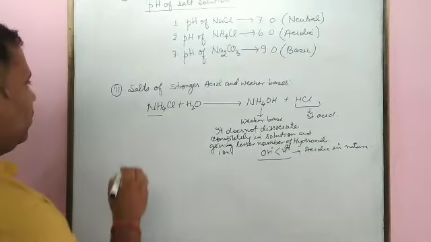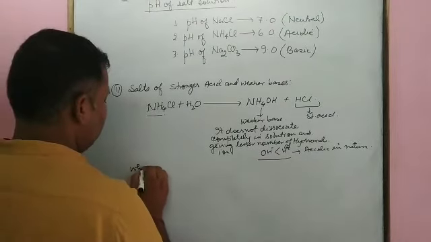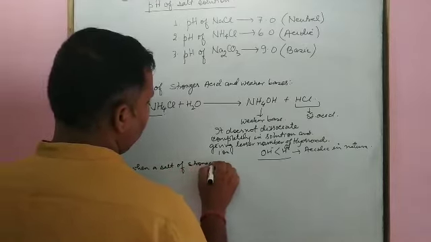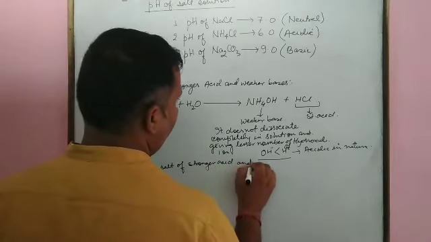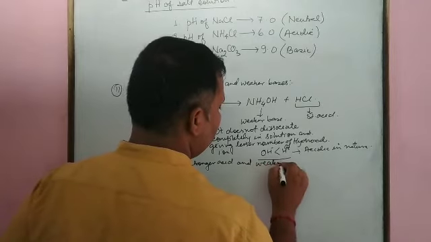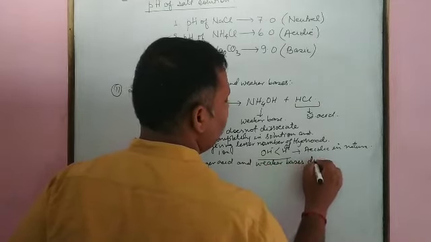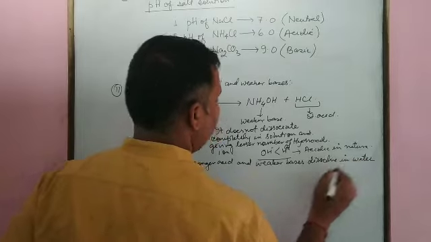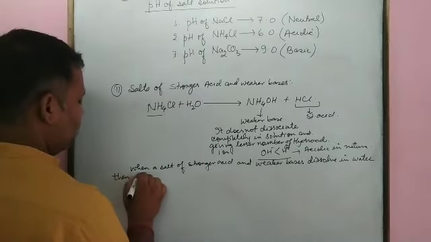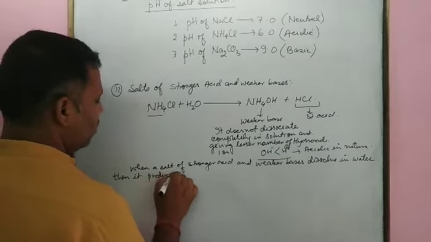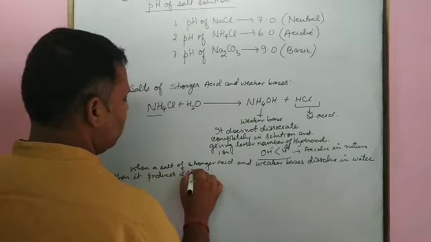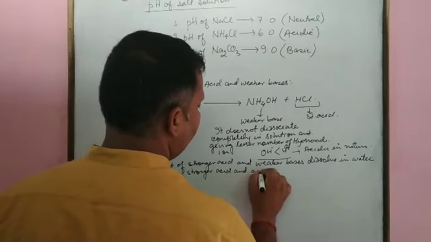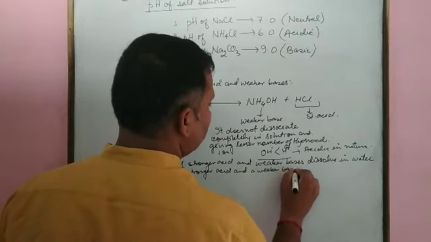What we have is that when a salt of a stronger acid and a weaker base dissolves in water, it produces a stronger acid and a weaker base.